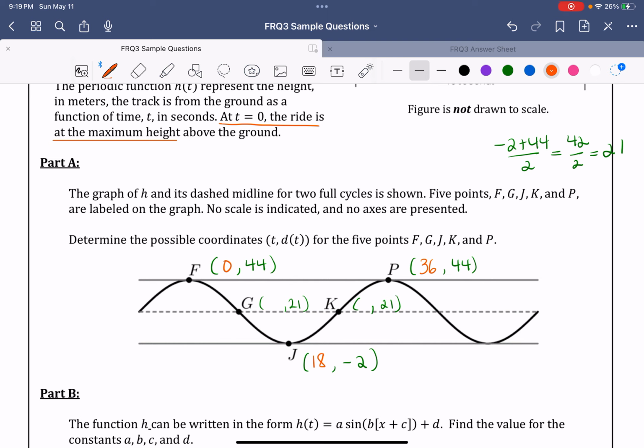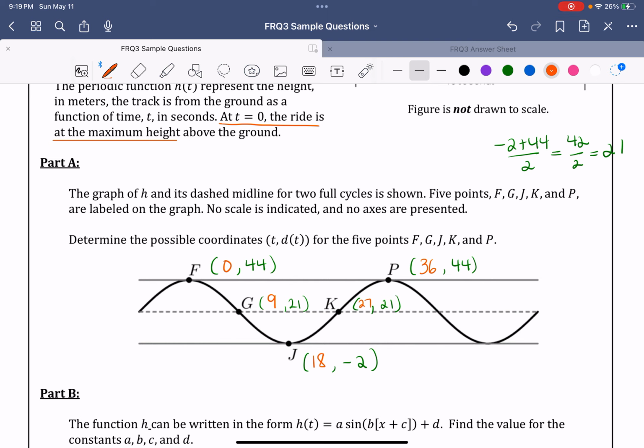Every 18 seconds, it's up, down, up, down. Okay, so now I need to figure out what these middles are. So exactly between 0 and 18 would be 9. And then exactly between 18 and 36 is going to be 27. Okay, so those are my 5 points for this.